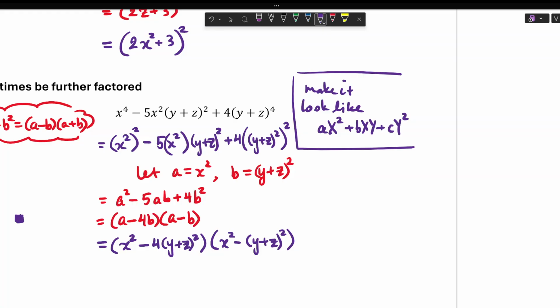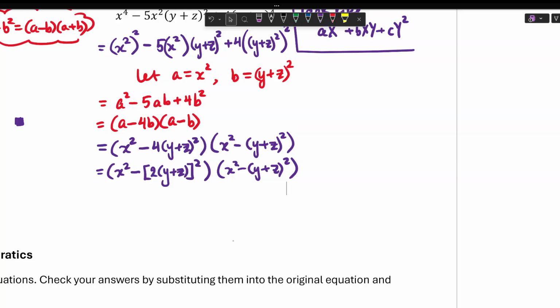And you'll notice that both of these are differences of squares. Okay. I'm going to rewrite the second one so it's a little bit easier to see as a difference of squares. This is going to be like 2 times y plus z all squared in the middle. So that means we're going to get 2 factors from the first factor and 2 factors from the second factor.